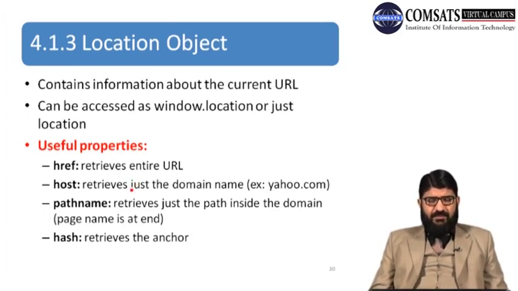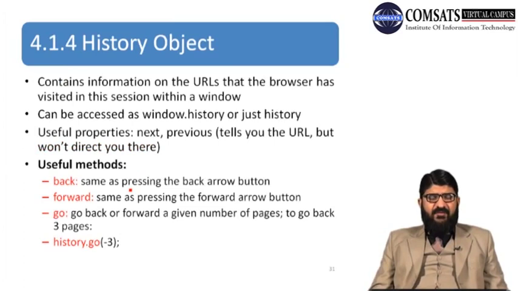Then we have discussed about history object. History object contains the information of the URL that the browser has visited in the session for a particular window. So history contains the information of URLs.